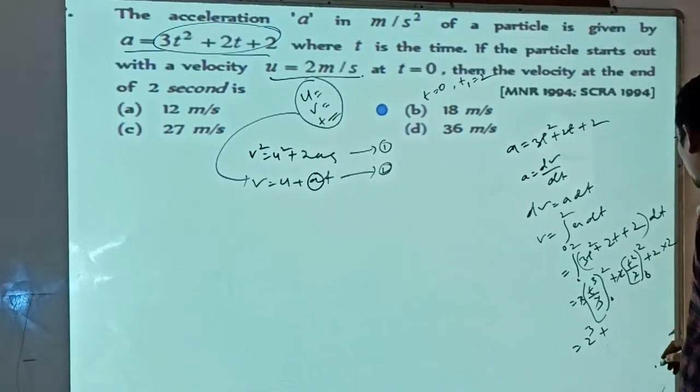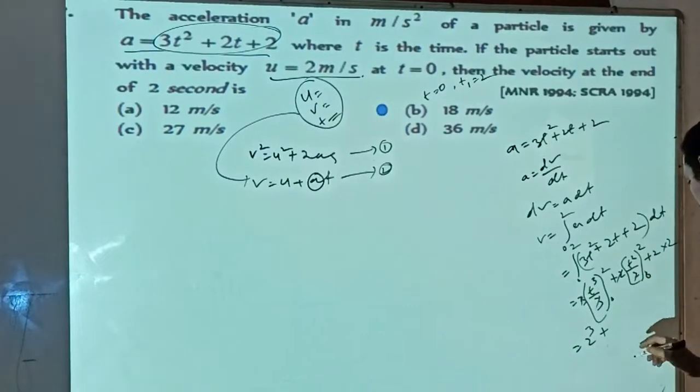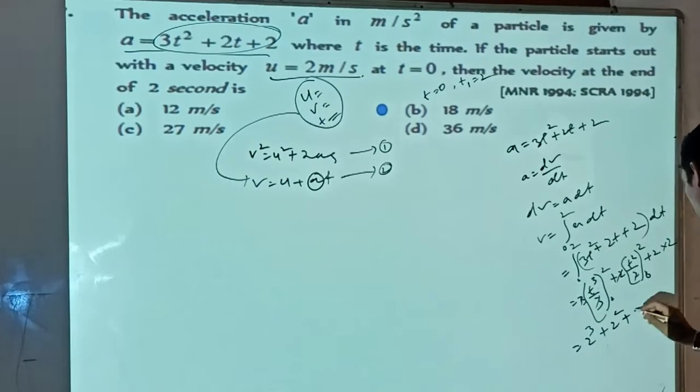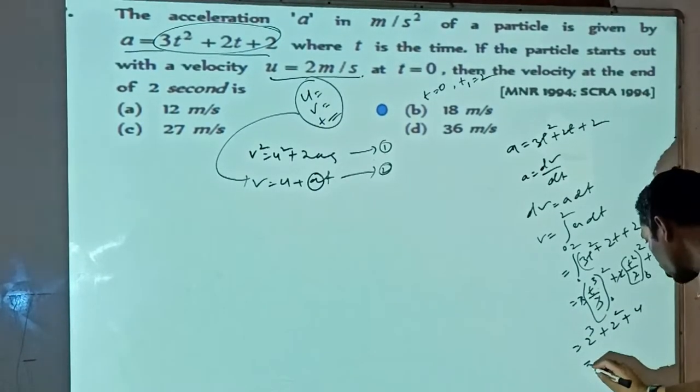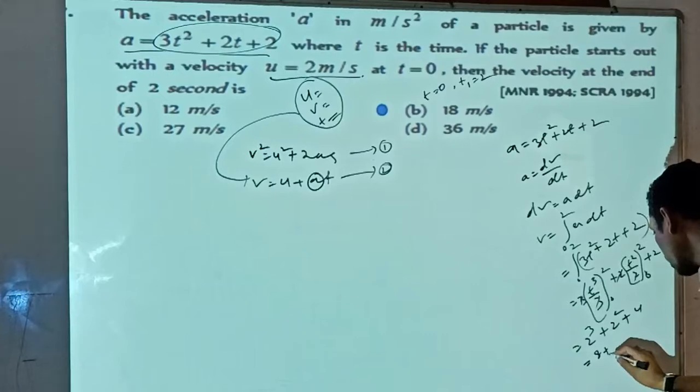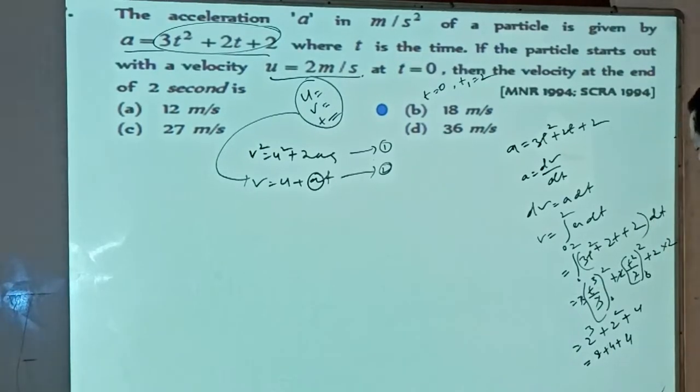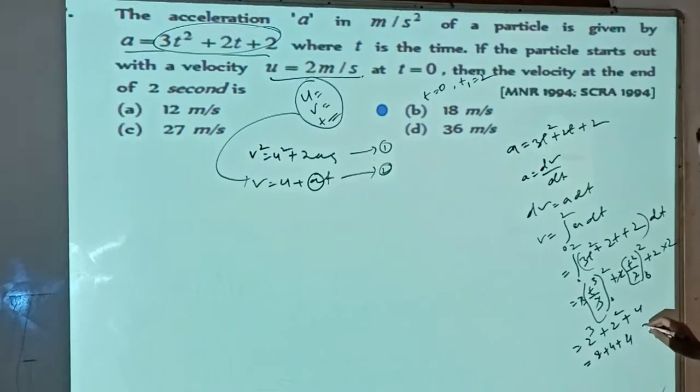Since 0 is meaningless, 0 to the power something will be 0, so I am just taking only the upper limit. So 2 to the power 2, plus 2 into 2, that is 4. So your value will be 8 plus 4 plus 4. Okay, so that is 16.